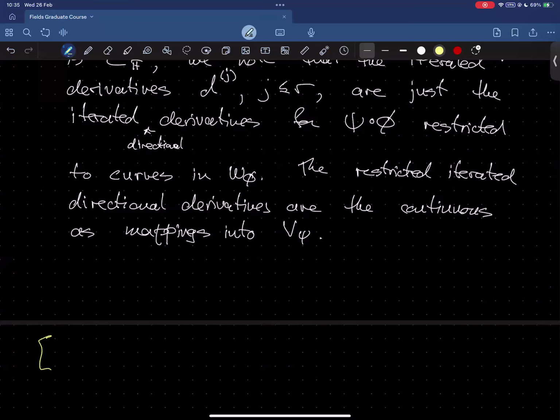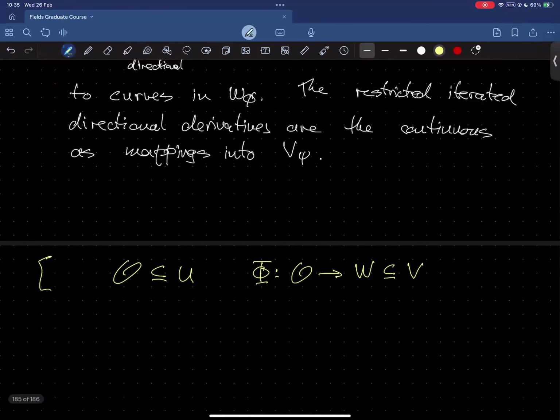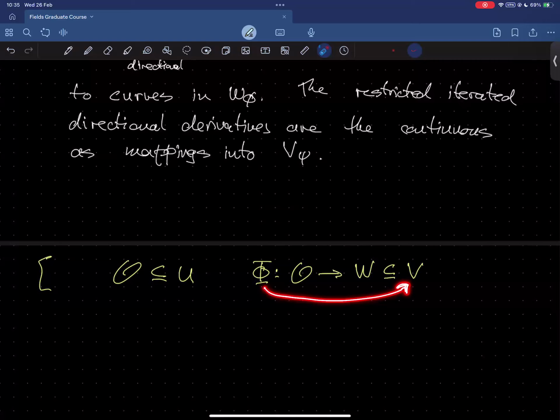We had the situation where we had an open subset O of U and a mapping phi from O into W, which was a subspace of V. What we wanted to know were the conditions which ensure that if phi is of class CR as a mapping into V, then it's also of class CR as a mapping into W. And the condition was that W had to be sequentially closed.